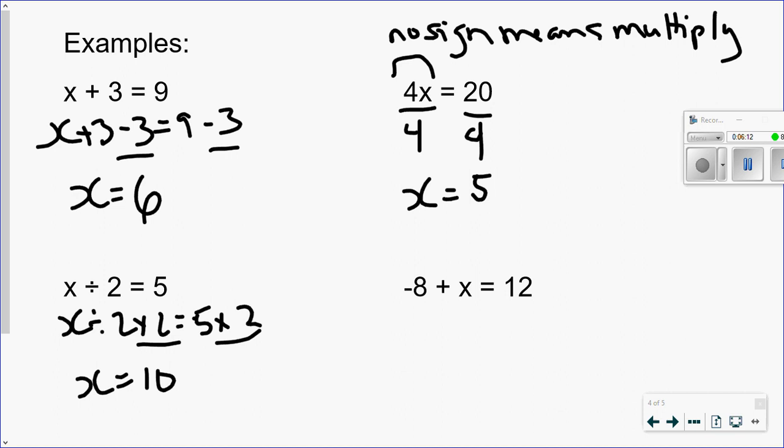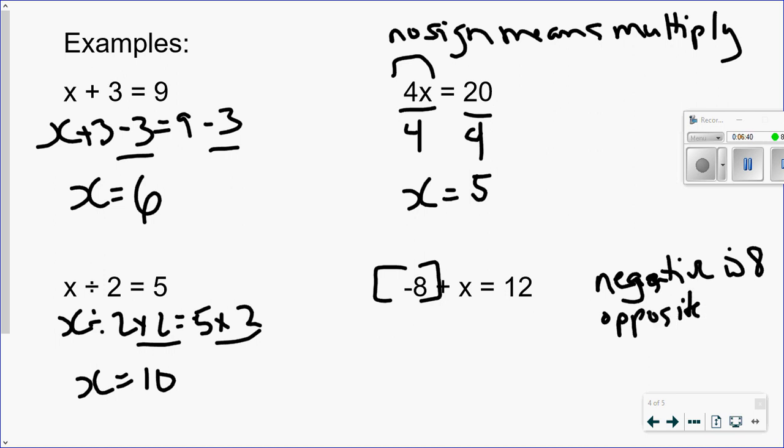All right. Now, where it gets a little murky, most people are going to want to add 8, but the problem is that negative sign. What's the opposite? The opposite of negative 8 is plus 8.